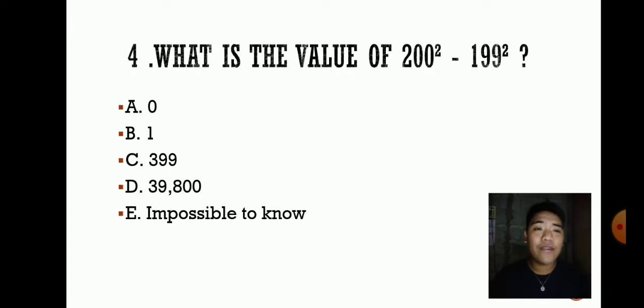Number 4. What is the value of 200 raised to 2 minus 199 raised to the power of 2? The choices are 0, 1, 399, 39800, or E, impossible to know.